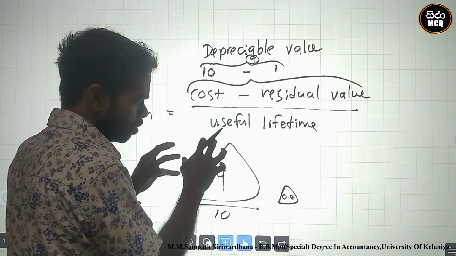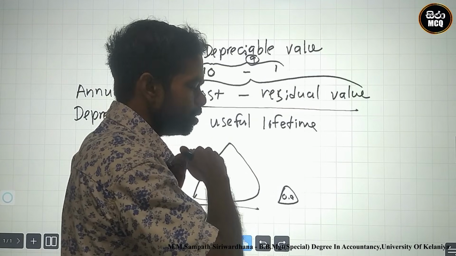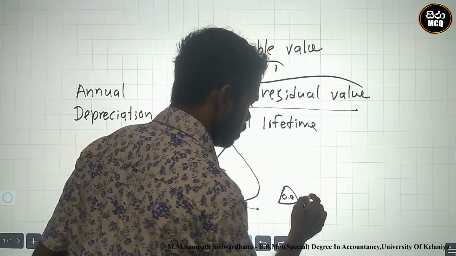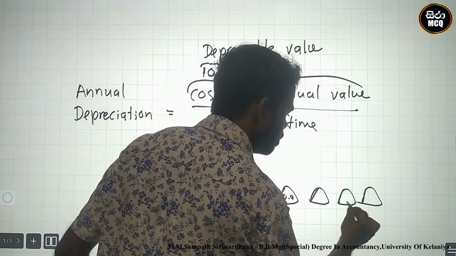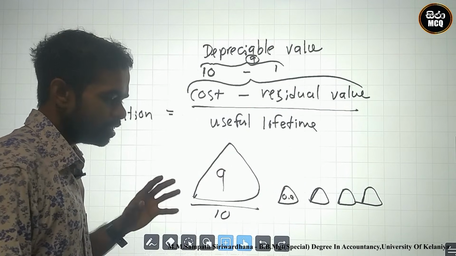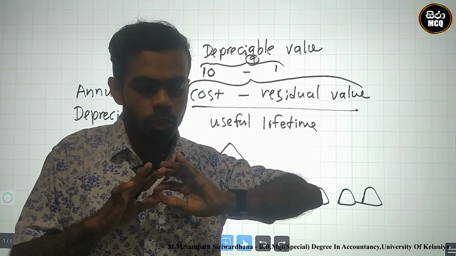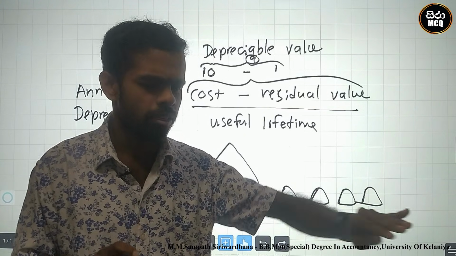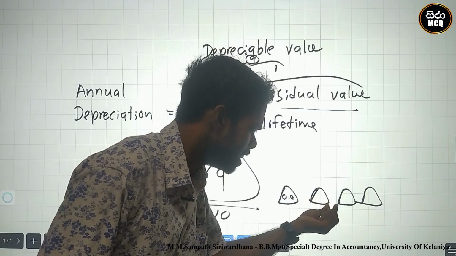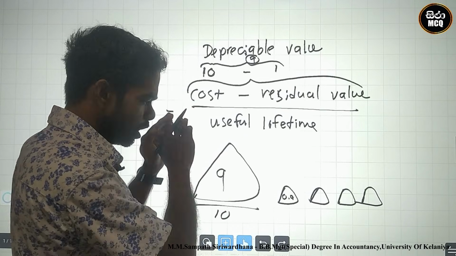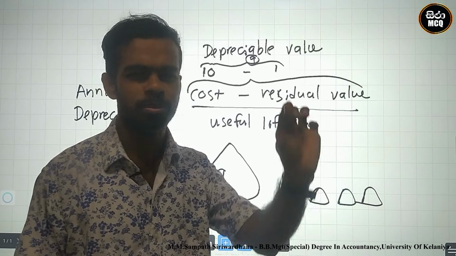There is a huge cost of 9 million, the depreciable value, and the total divided by the useful lifetime gives the small depreciation. Depreciation means the huge cost divided through the useful lifetime, so in 1 year we identify a small depreciation expense.